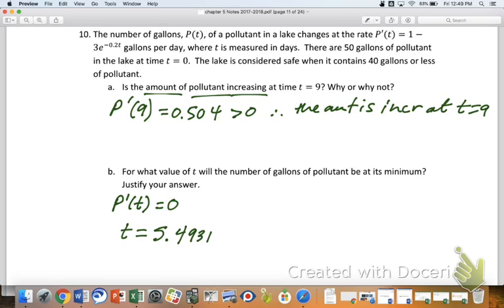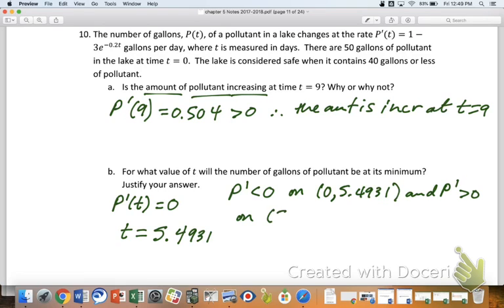So you could say something like P prime is negative on the interval 0 to 5.4931, and P prime is positive on the interval 5.4931 to infinity, I suppose, right?